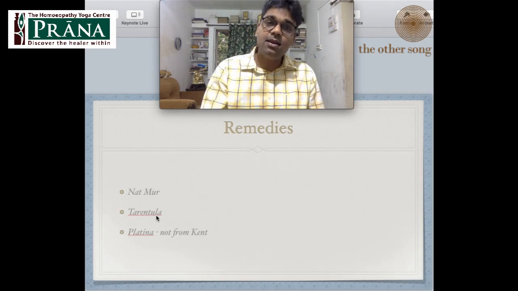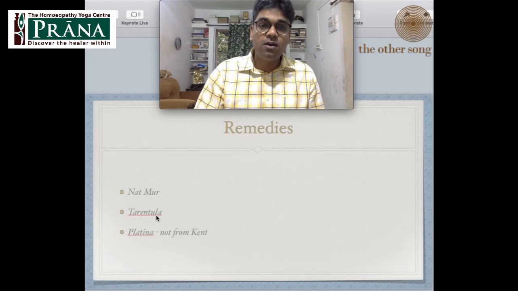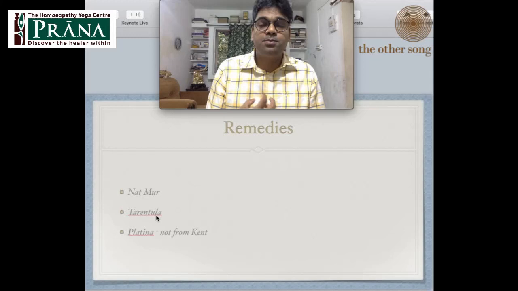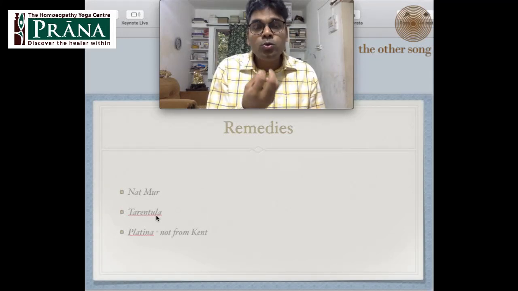Now there is another remedy that Kent gives for abrupt, that is Natrum Mur. Why is Natrum Mur abrupt? Natrum Mur is abrupt because primarily Natrum Mur is a reserved person. He is a closed person. He does not want you to know about his griefs, about his sorrows.